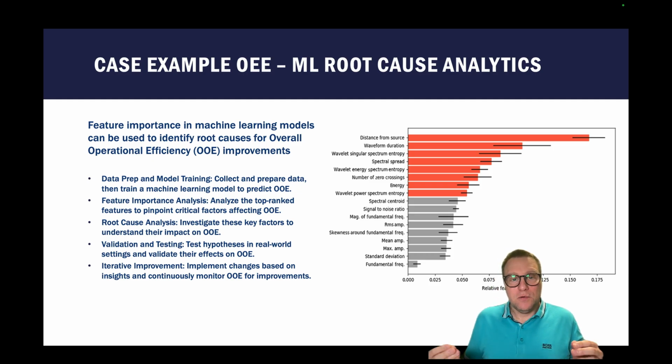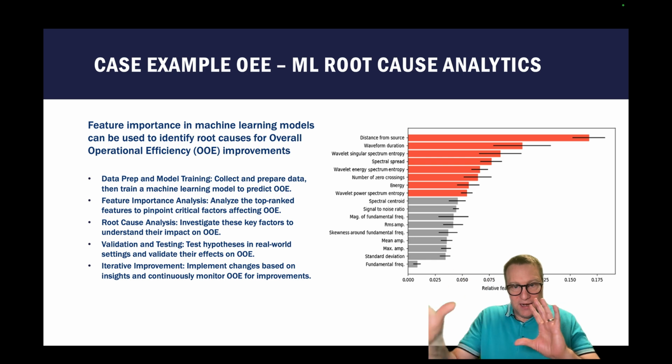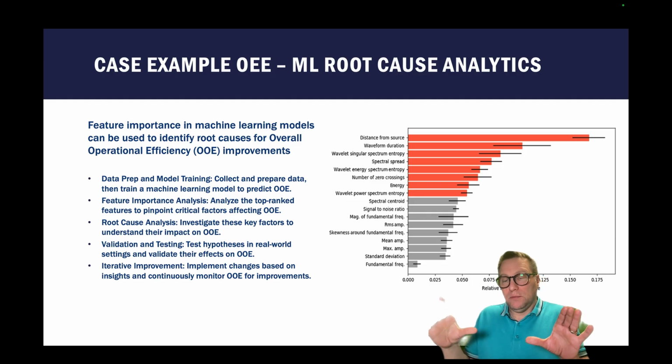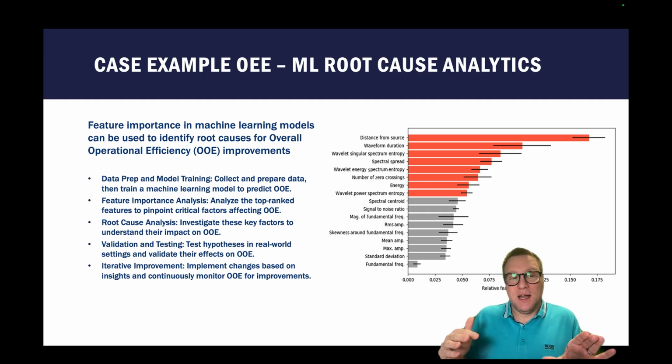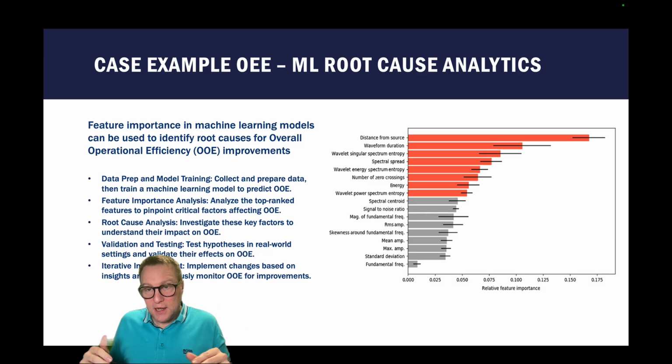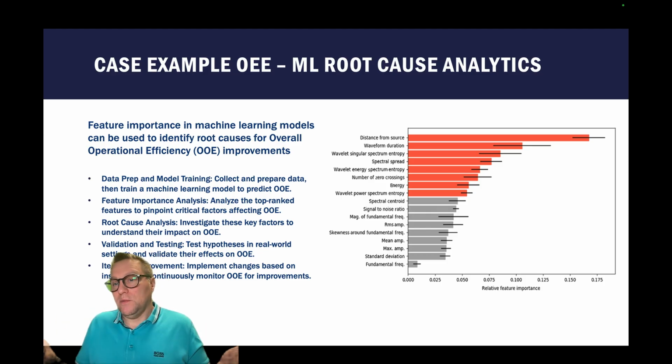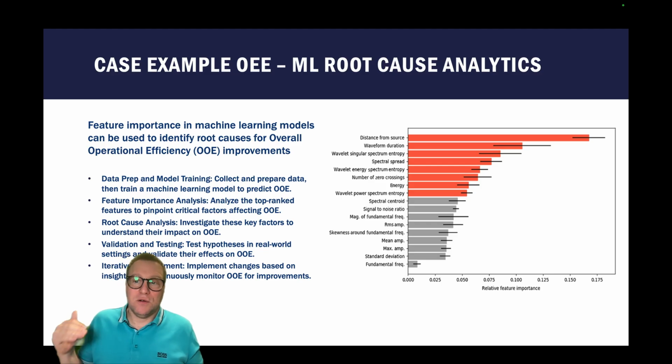So what is it? You're collecting all your data on the machines, and maybe you have inefficiencies on your shop floor or in the machines itself. Then you do the so-called feature engineering, you pack your data together, and a machine learning algorithm tries to understand which part has the most impact on the overall problem. This is depicted here in a graph on the right side. You get the different impact factors, the most important parts first, and then you go back to your knowledgeable workers or the engineers and say, look, we believe that this is a root cause.